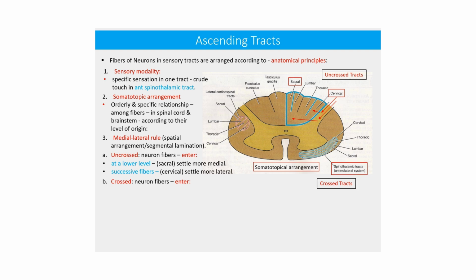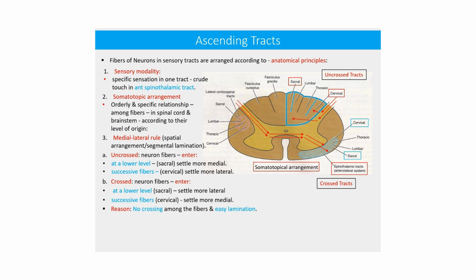In the second group, the crossed fibers which enter at a lower level, such as sacral, lie more lateral, and the successive fibers such as from the cervical region settle more medial. Reason being that there is no crossing among the fibers and there is easy lamination of the fibers. Another notable point is that fibers also spiral from lower segments onto the dorsal aspect.